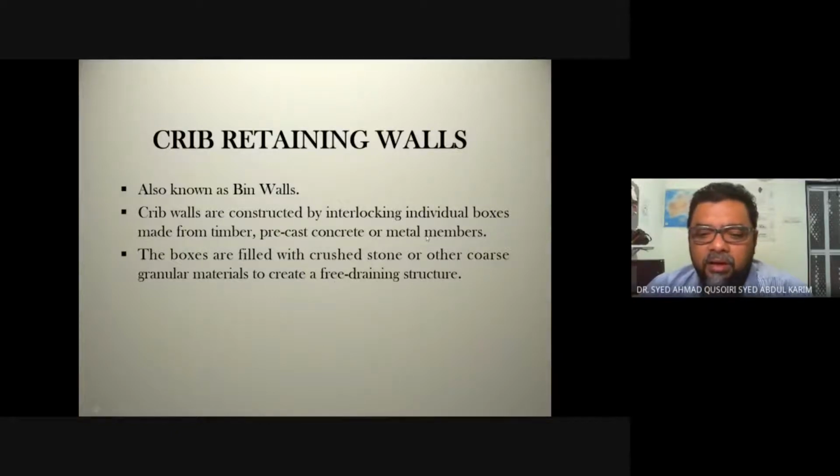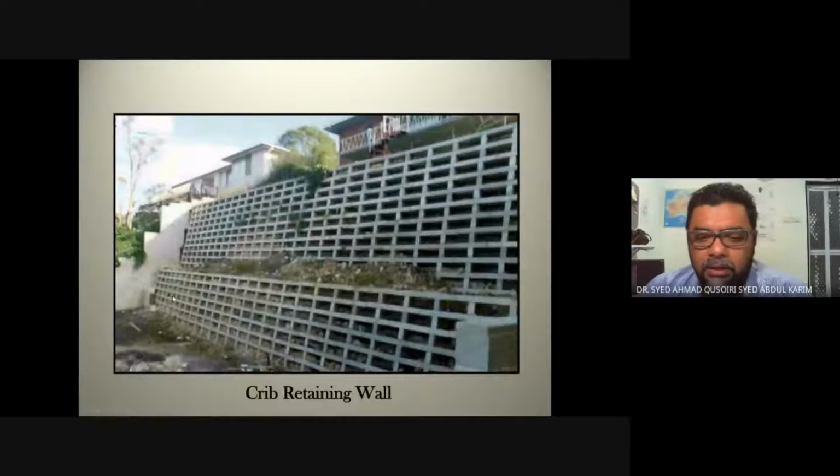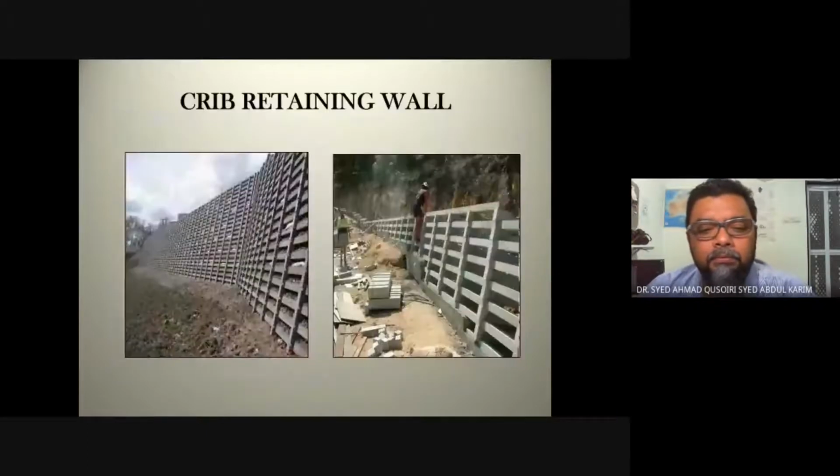As you can see, there are a lot of holes here. Okay, so it doesn't really require any type of weep holes, and it can even allow for vegetation to grow around it. This will further strengthen the crib wall. Okay, so you can see there.